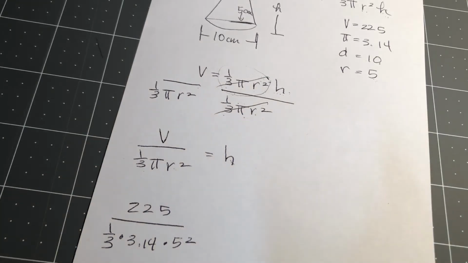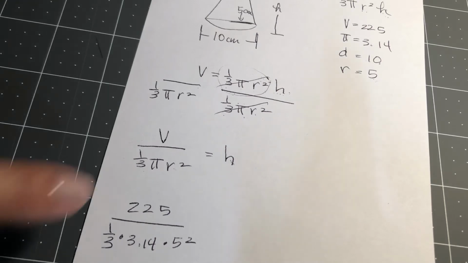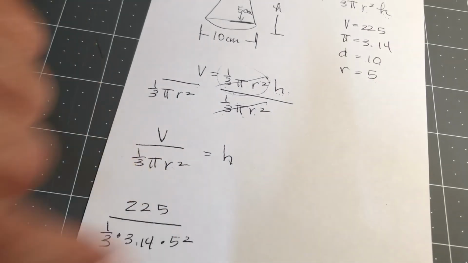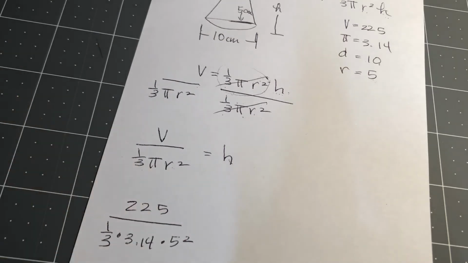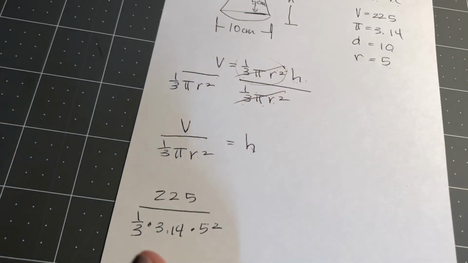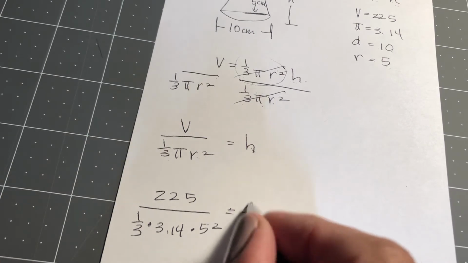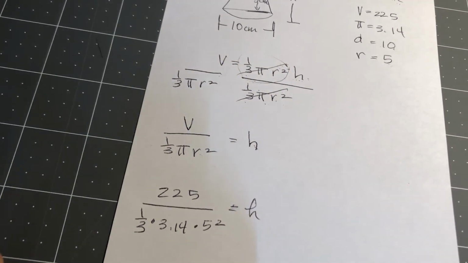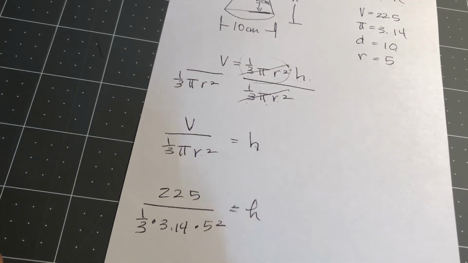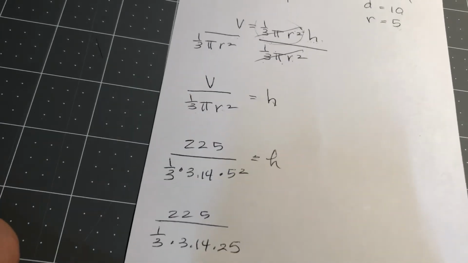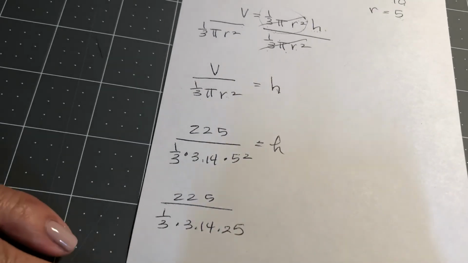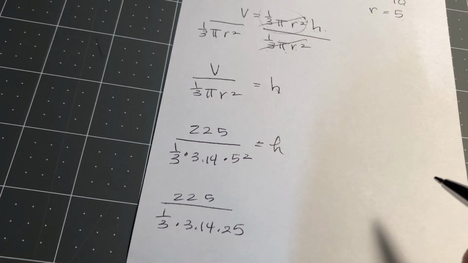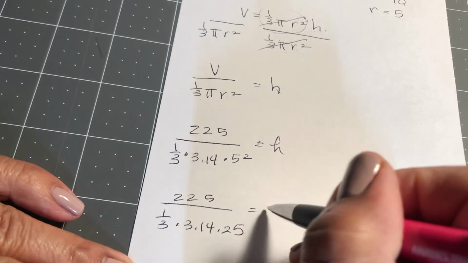And again with PEMDAS, we do parentheses first, we do exponents next. There's no parentheses, but there's one exponent there, which is a squared. So this becomes, oh, and this equals h. This becomes 225 divided by 1/3 times 3.14 times 25. Okay, we've simplified everything as much as we can. So let's plug in the values in our calculator to find h.